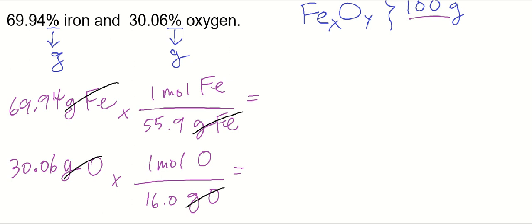Sorry, I have to pull out my calculator. 69.94 divided by 55.9, you're at 1.25 moles.